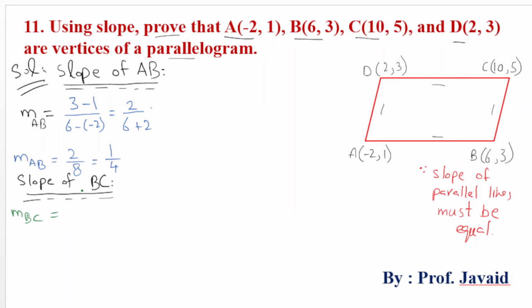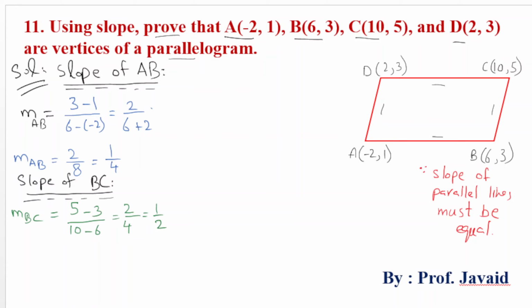So 5 minus 3 over 10 minus 6. 5 minus 3 is 2, and 10 minus 6 is 4. So that is 1 by 4, sorry, 1 by 2 after simplifying. You can write here 1 by 2. So slope of BC is done.